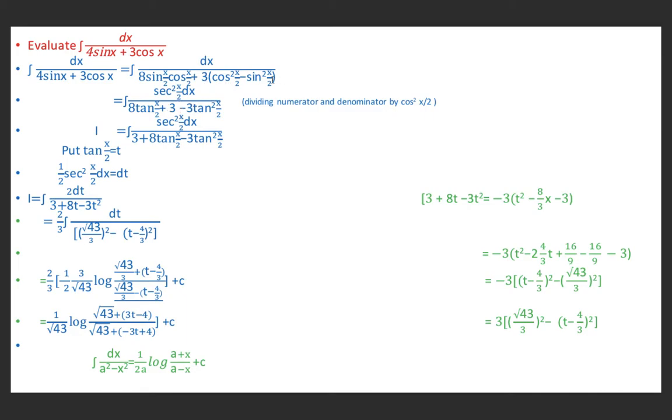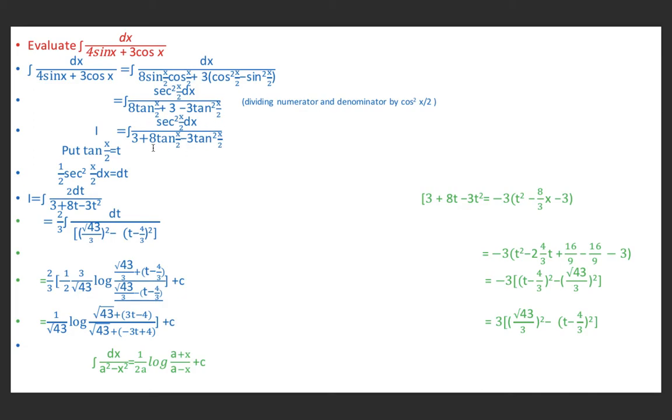Now minus 3 sin square x by 2 upon cos square x by 2, so 3 tangent square x by 2. So we have secant square x by 2 and this is 3 plus 8 tangent x by 2 minus 3 tangent square x by 2. I have rearranged the terms. First I have written constant term, then tangent x by 2, then tangent square x by 2 term.